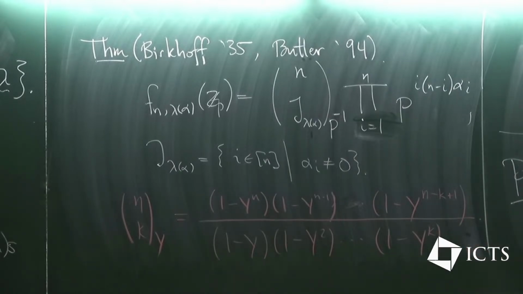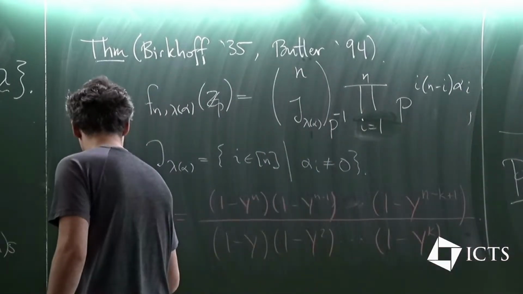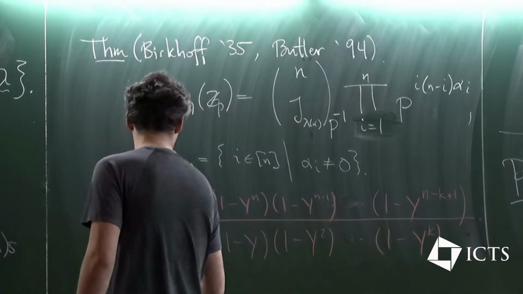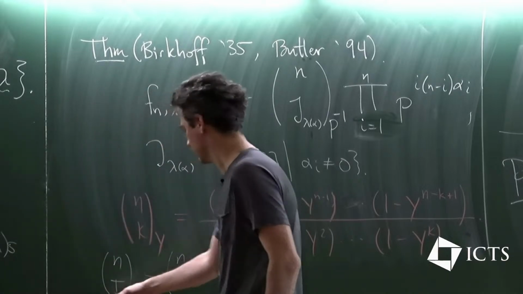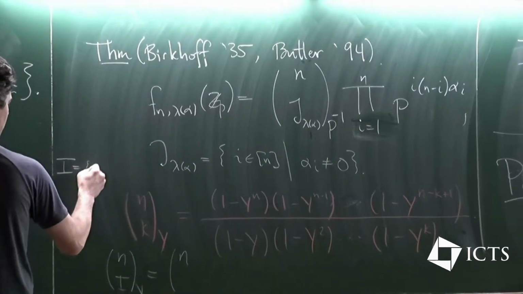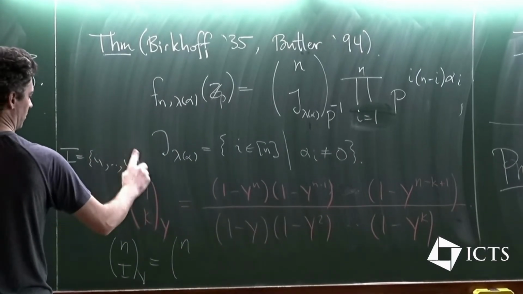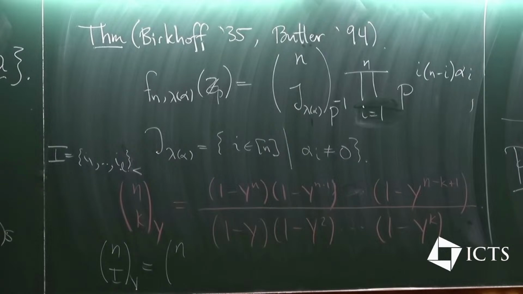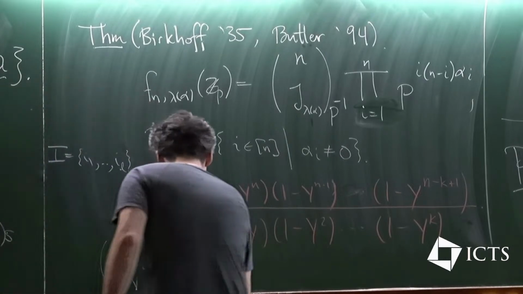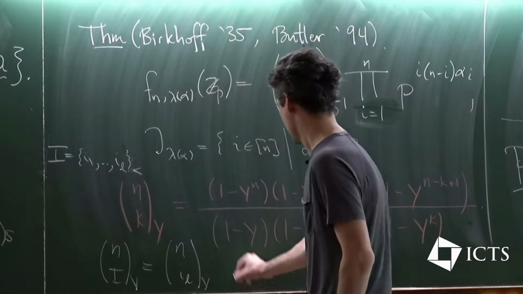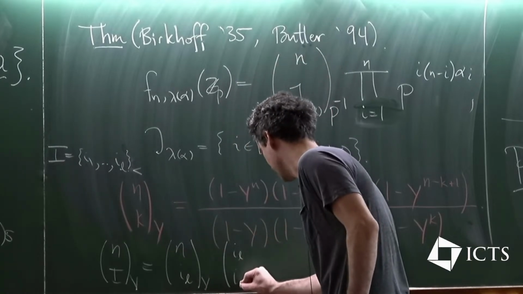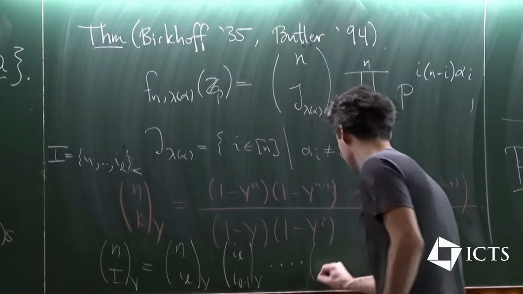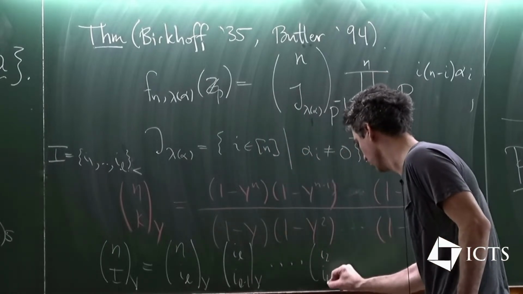So what is this? This is the product of the usual y binomial coefficient. And there's perhaps a million different ways that one could write this product down. Let's see if I can get it right. I would start off with n, and I would take the max. Here, let me help myself. Let's say that's an order. So this is the smallest element, and this is the largest element, I sub L. I think I would take this as I sub L first at y, and then I would go from I sub L to I sub L minus 1, y, all the way down to the last one, I sub 2 and I sub 1, y.